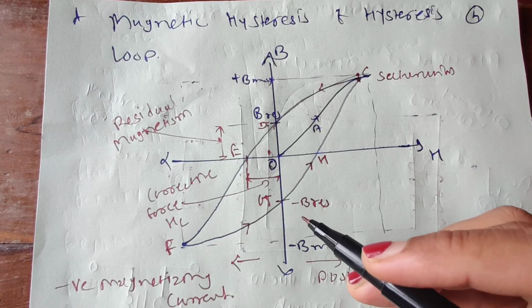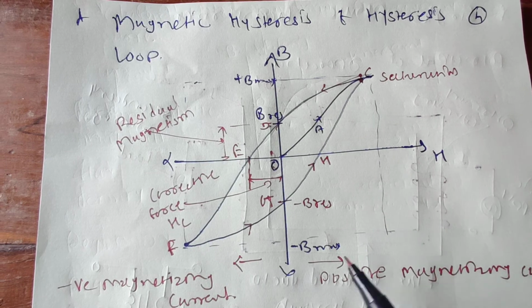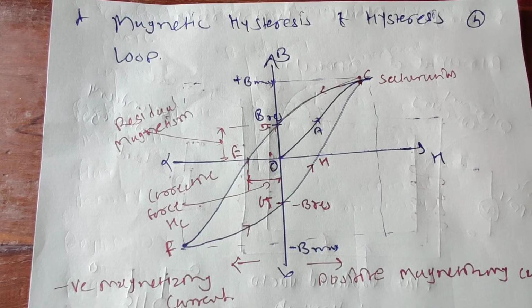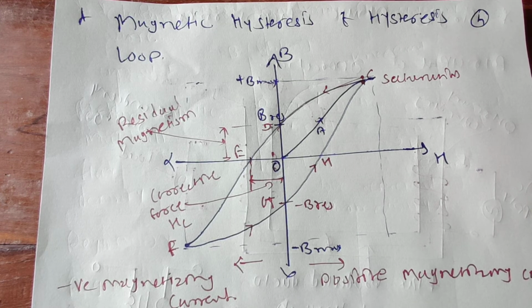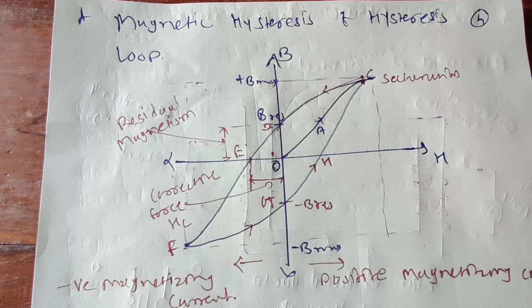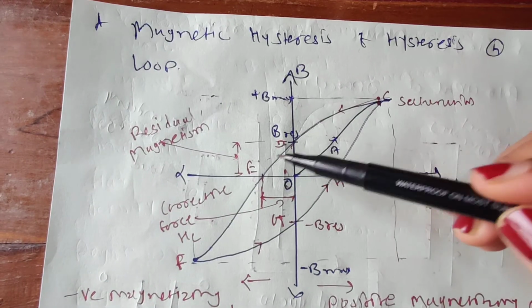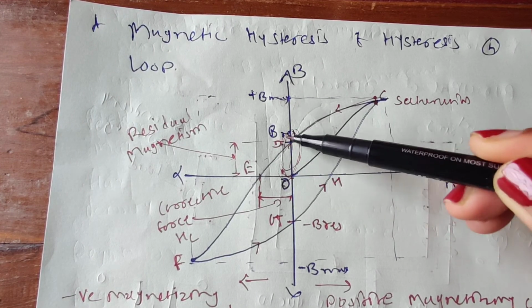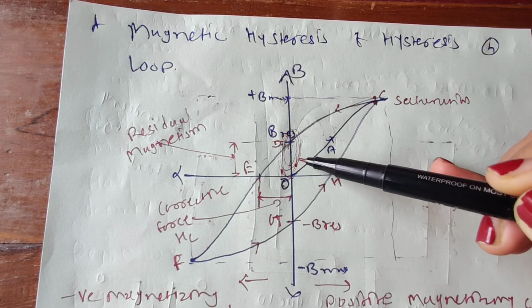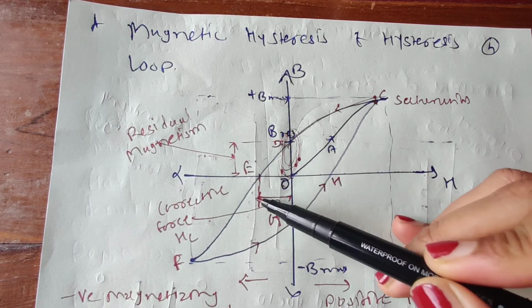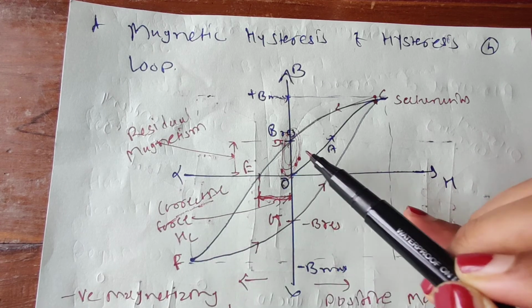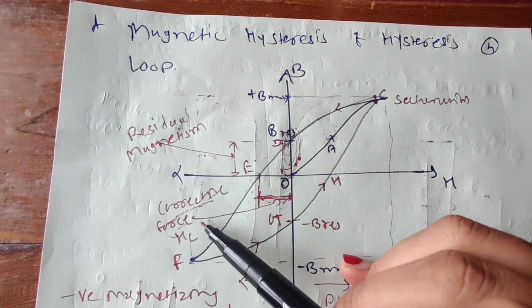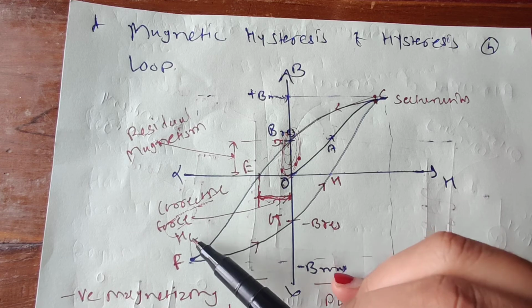Now the coercive force, Hc: the value of magnetic field strength required to wipe out the residual flux is called the coercive force. This residual flux we need to remove somehow, so we need to apply some force to remove it, and that force is nothing but the coercive force.